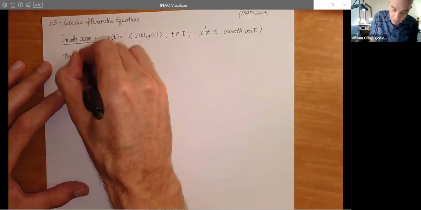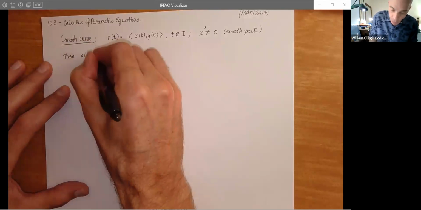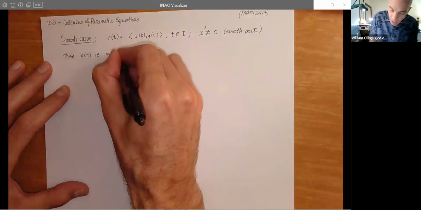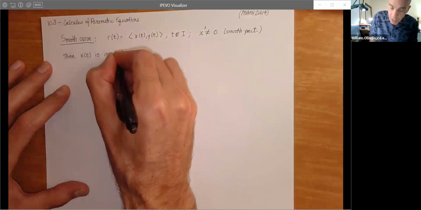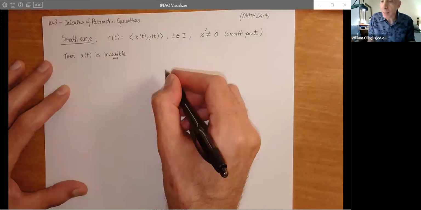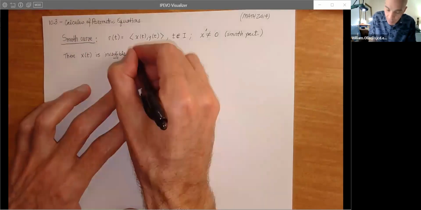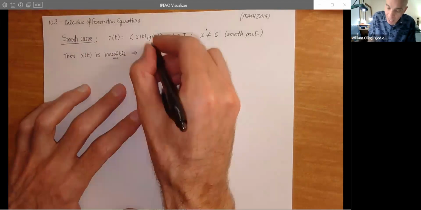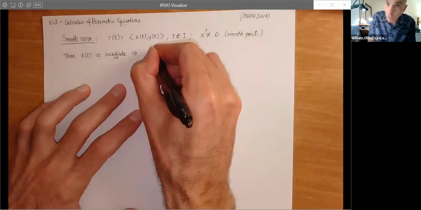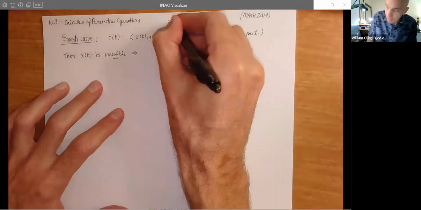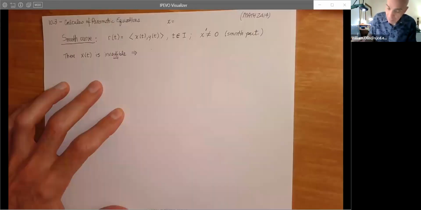Then x of t is invertible. And when we do arc length, we'll assume that x prime is positive, so we can do that without loss of generality. And when we say invertible, this just means that we can actually write t as a function of x. For instance, here, let me write it this way.